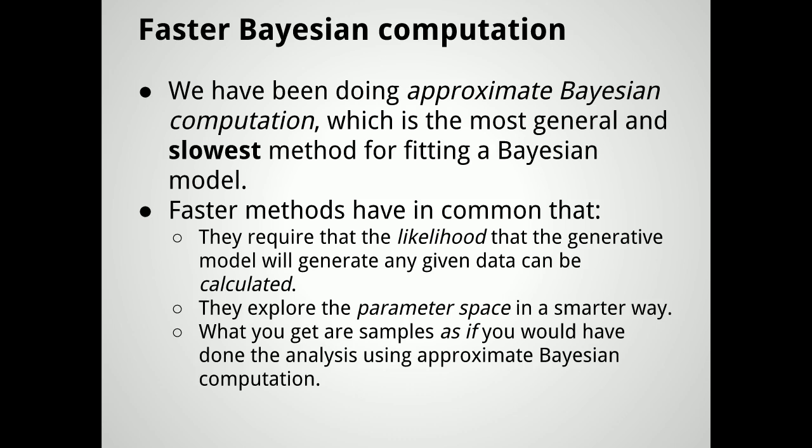So if you're using a potentially faster method that you don't completely understand, but you do believe it does its job, then you could interpret the result as coming from the simple approximate Bayesian computation procedure we used in part 1 and part 2. It's a little bit like when you do optimization.